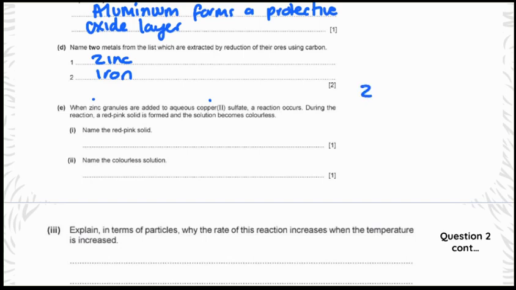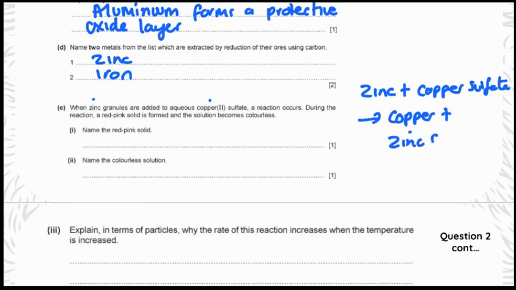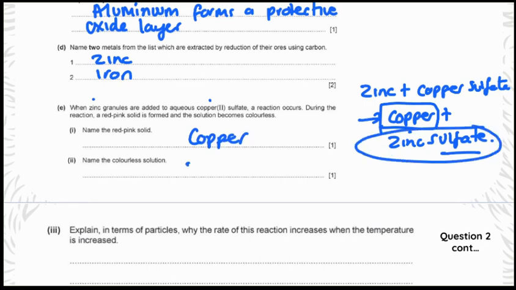So you're going to end up with zinc plus copper sulfate makes copper and zinc sulfate, because the zinc is more reactive, so it's going to come in and steal the sulfate. So the red-pink solid must be copper, and the colorless solution, the only thing left, is zinc sulfate.